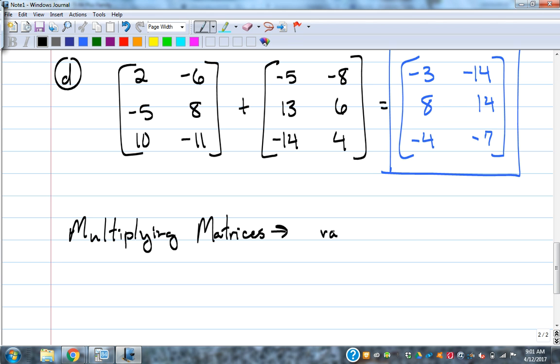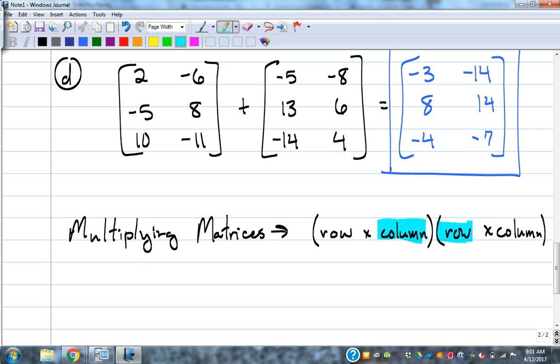So on the left matrix, it's rows by columns, and the right matrix is rows by columns. And remember that these have to match. If they don't match, you can't multiply them. Maybe you had a 3 by 2 and a 2 by 4. Since the 2's in the middle match, you can multiply them, and the resulting matrix will be a 3 by 4.